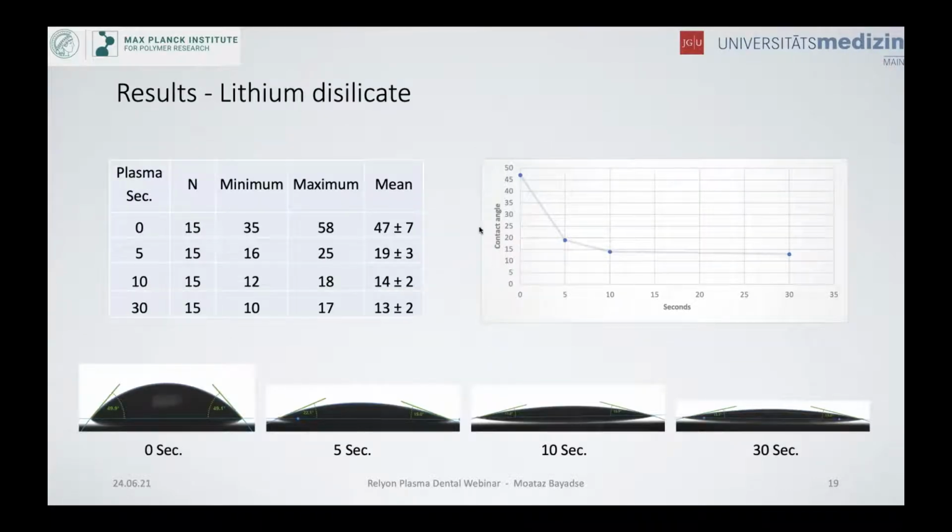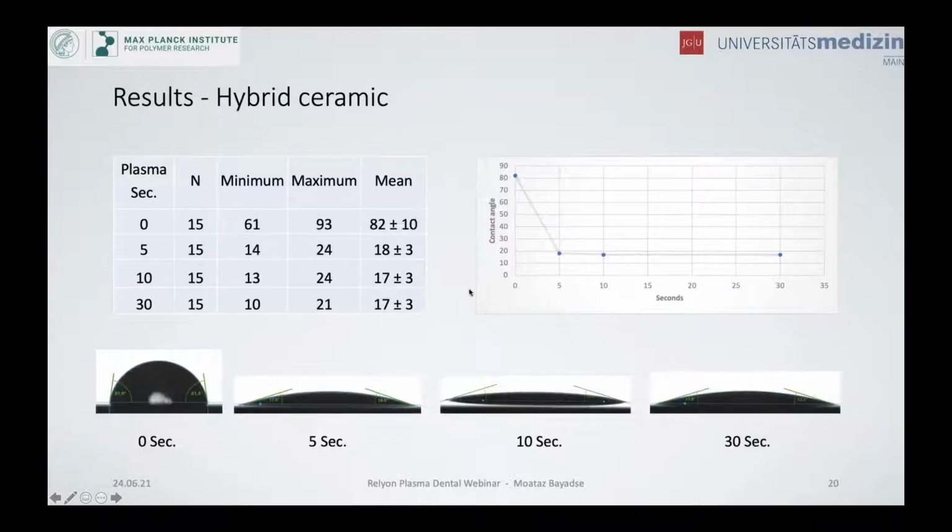Lithium disilicate also shows good wettability after plasma treatment, and after 10 seconds there is no significant difference anymore. Hybrid ceramic is almost the same as zirconia. After 5 seconds, we have a significant reduction of the contact angle, and with longer plasma treatment, there is no significant reduction or difference.